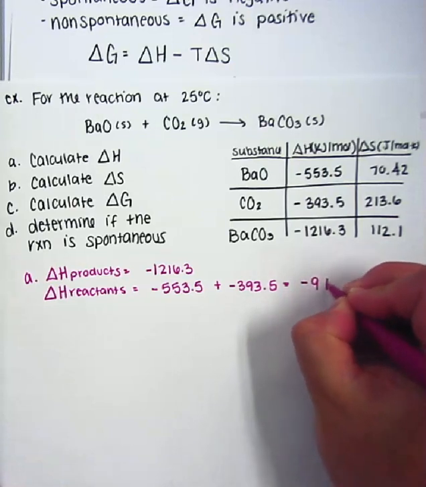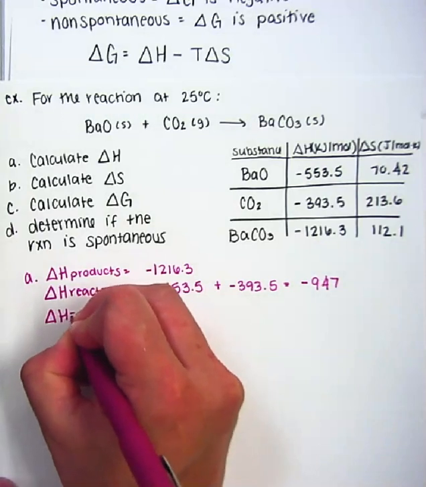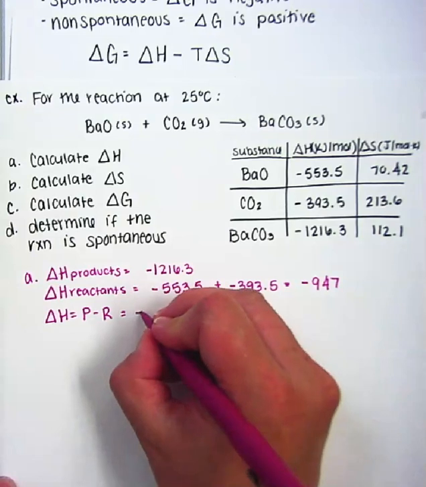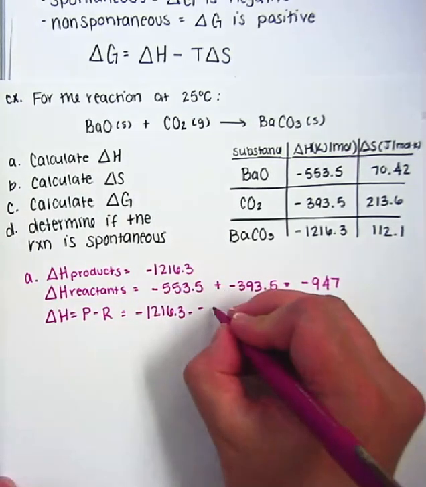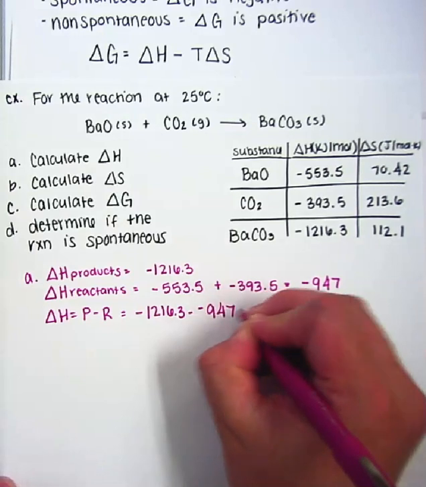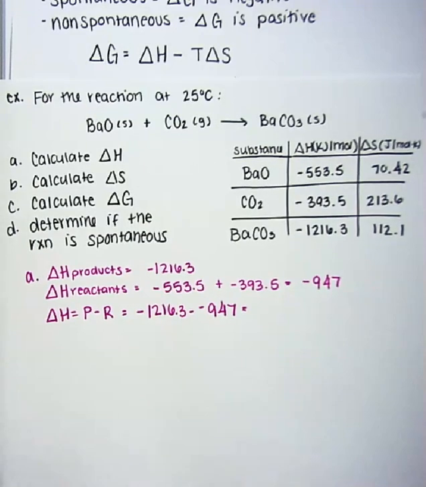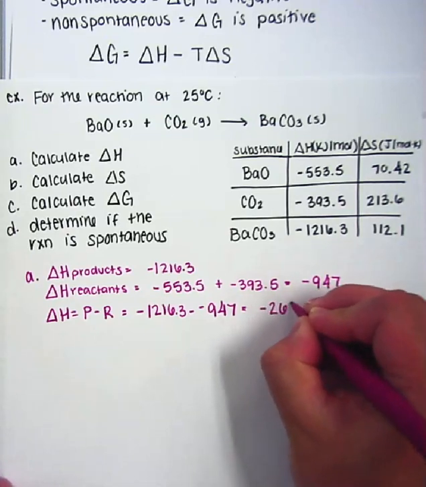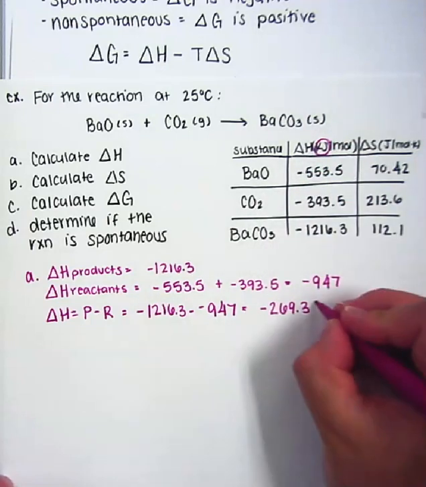Negative 947. Delta H is equal to products minus reactants. Negative 269.3 kilojoules.